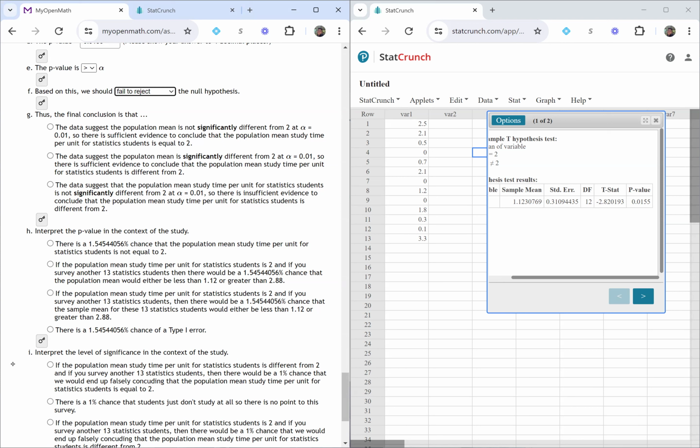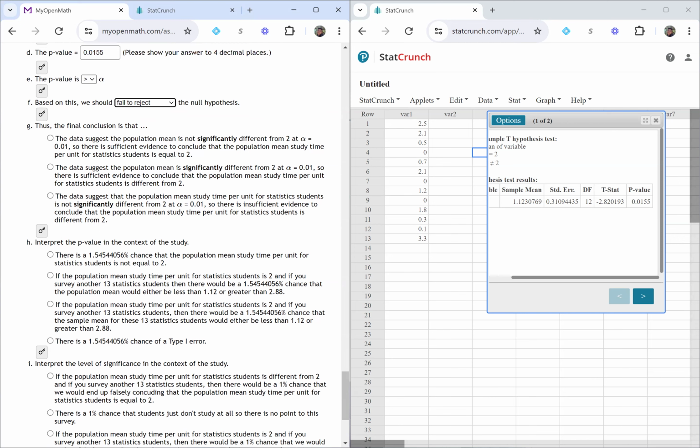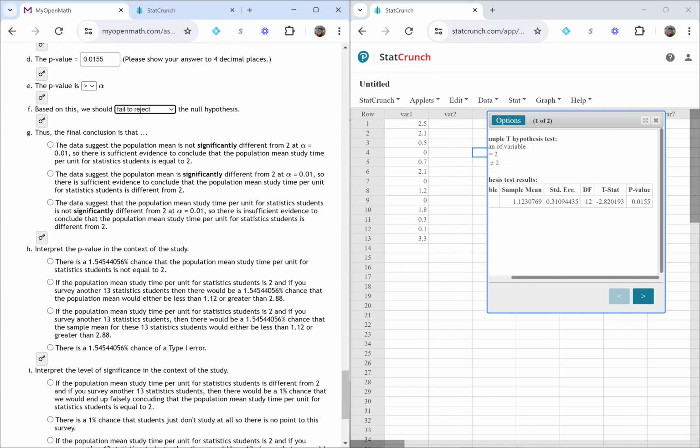We have a few options here, but because our p-value is bigger than our alpha, the data suggests that the population mean is not significantly different. If the p-value is less than alpha, then it is significantly different. But since our p-value is larger, it's not significantly different.